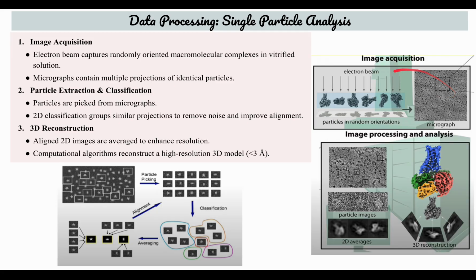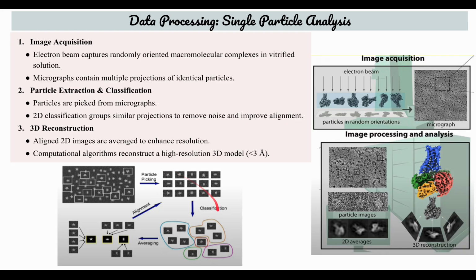Now from all those micrographs, which show random orientations of that particle, we will pick up the particles. That is known as particle picking. We will see which particles can be classified or clustered into a single class. In this way different orientations are taken. Only unique orientations will make a class representative, and all similar orientations will be put into a single class.